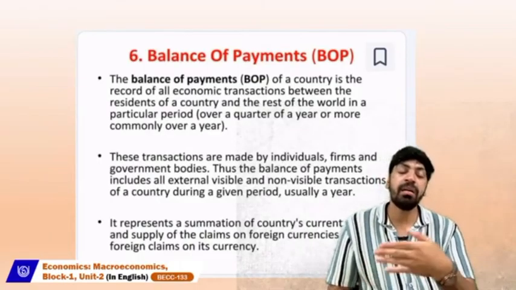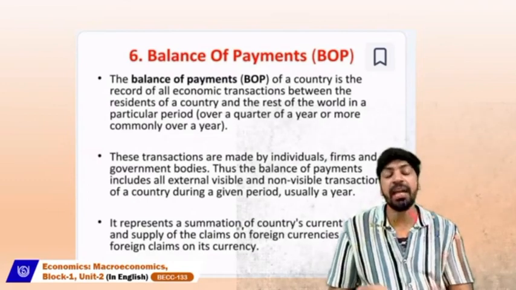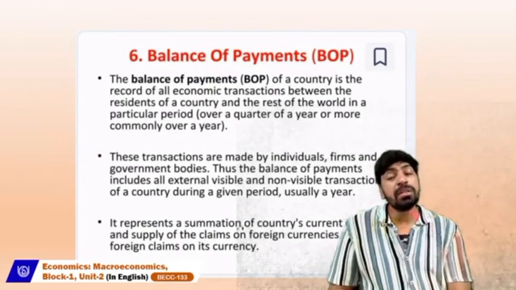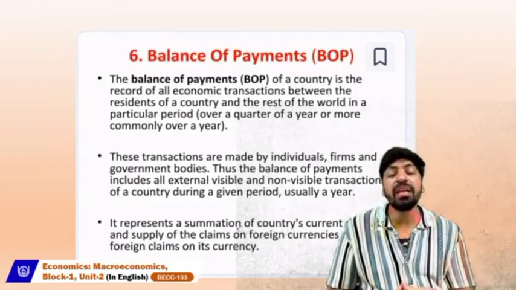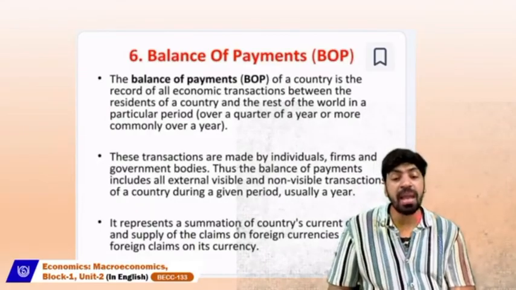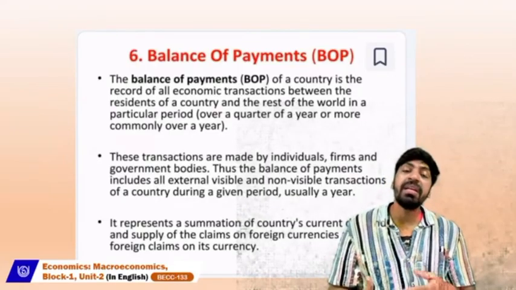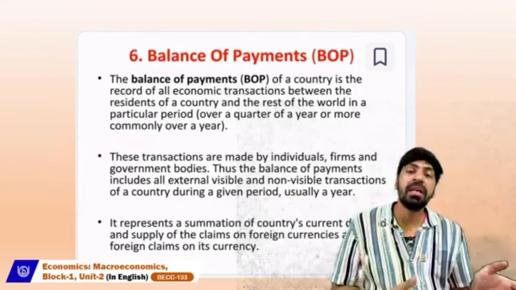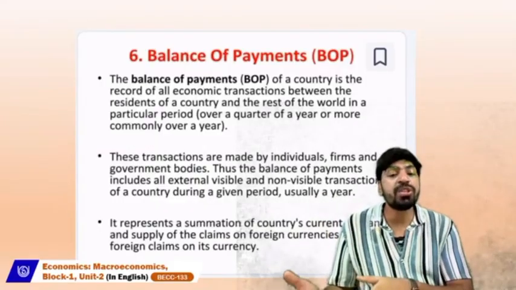It could be a year, quarterly, half-yearly, and so on. It also represents the summation of the country's current demand and supply of claims on foreign currencies. So we are not talking only about our own domestic country, we are also talking about international transactions.